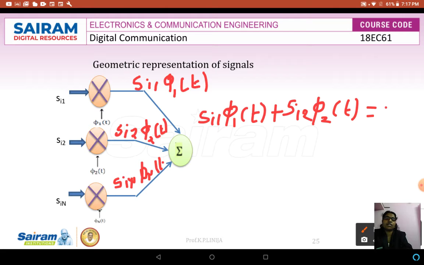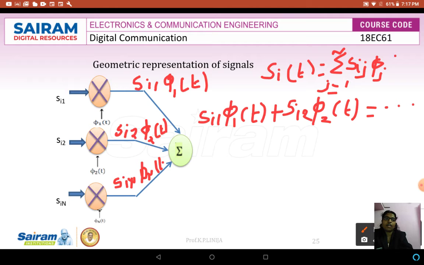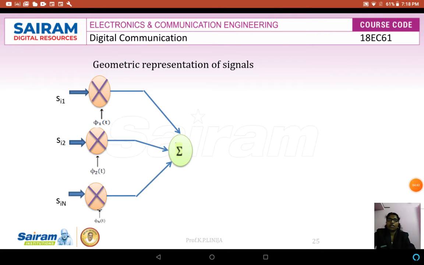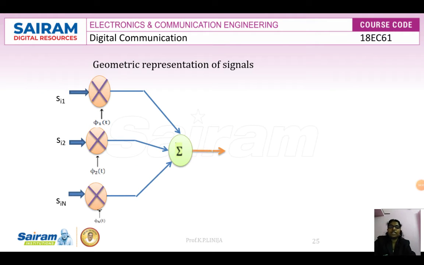In the prior synthesizer equation we summarized this as Si of t equal to summation j equal to 1 to n of Sij into phi j of t. This is the summarized equation we get from the output of the summer. Followed by this, we have generated the signal Si of t.